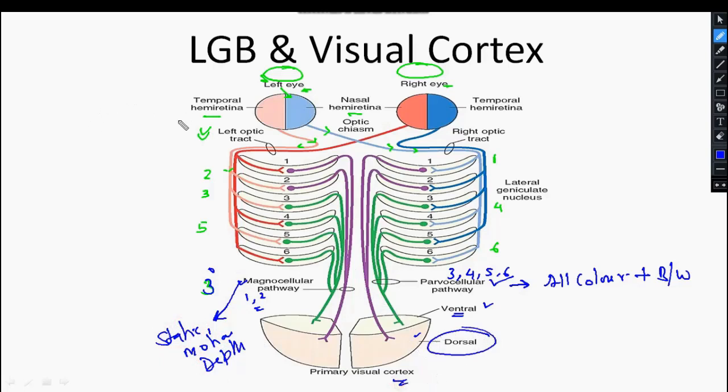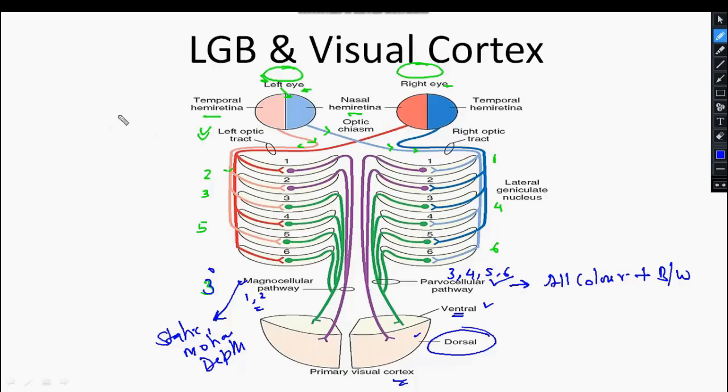Now looking at this path, you can clearly answer the questions that can be asked to you: which side of the eye or which part of the retina is responsible for making the image.